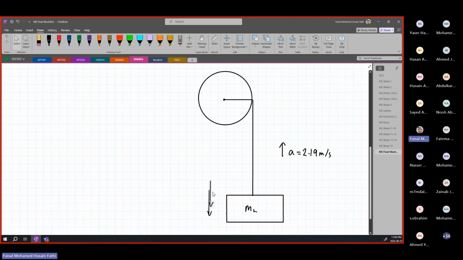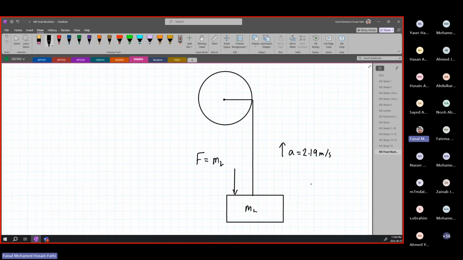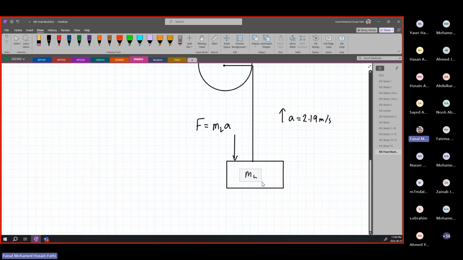You can draw it on top of it directly if you'd like, to be neater. F load, which is ML A. This is the inertial force due to acceleration. And then, obviously, the load itself is going to have a weight. So I'll call this W, which is equal to ML, the mass of the load, times gravity.